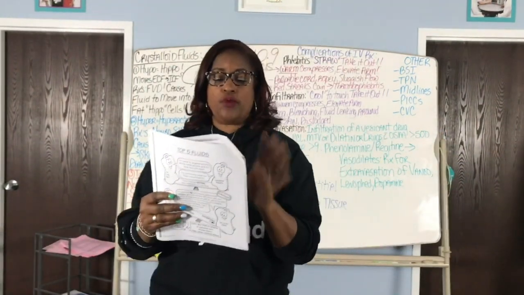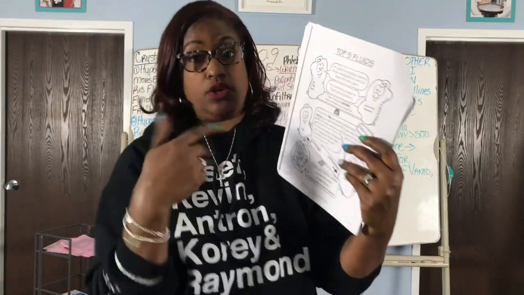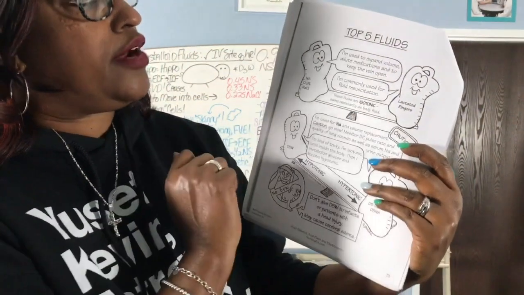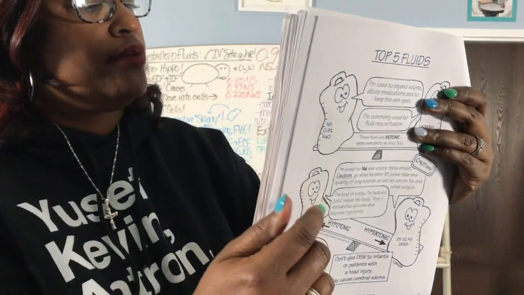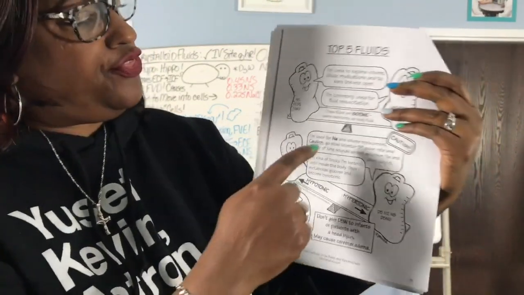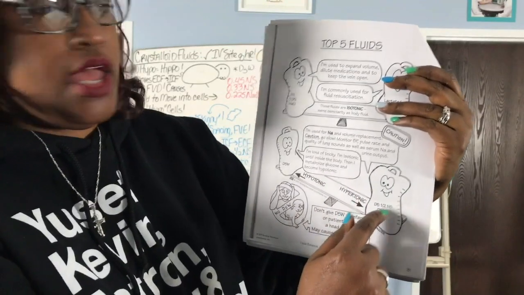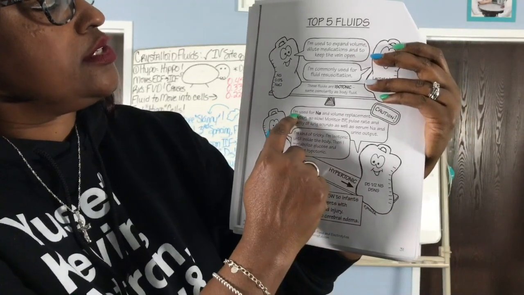Now, what I want you to write as you go a little bit further down, well, not write, but highlight: these fluids are isotonic, same osmolarity as bodily fluids. If you go down a little bit further, you will find that this big bubble right here goes to this guy. Put hypertonic right here, because look at what it says.